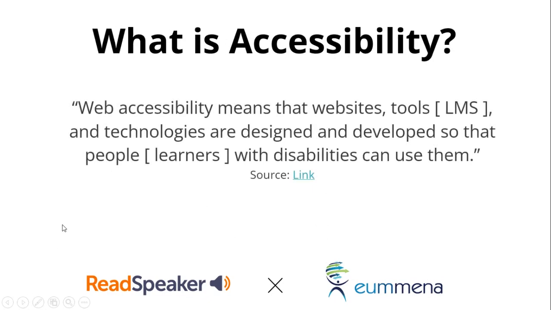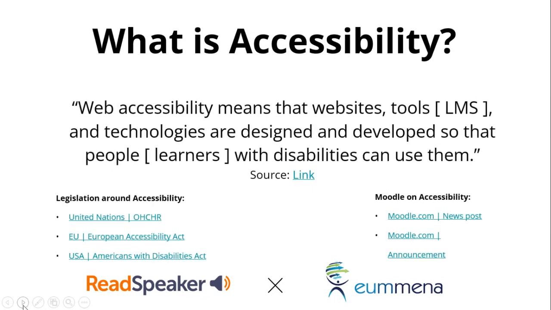Moving forward. So what is accessibility? Accessibility, or web accessibility, we are talking today about web accessibility, is making online content, websites for example, designed in a way that people suffering from visual impairment or visual disabilities can access it easily.